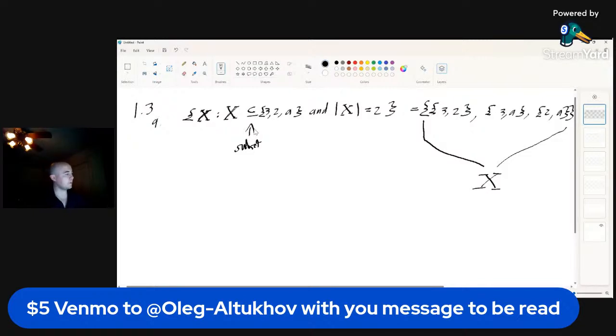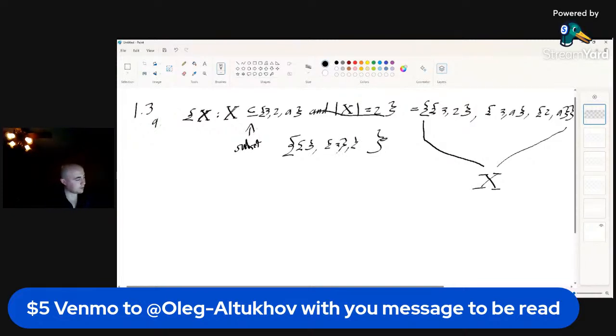Now, over here, such that X is a subset of 3, 2, and A. If we didn't have this part, then we would write the subsets out, and the last one would be the whole set, our usual thing that we did, right?